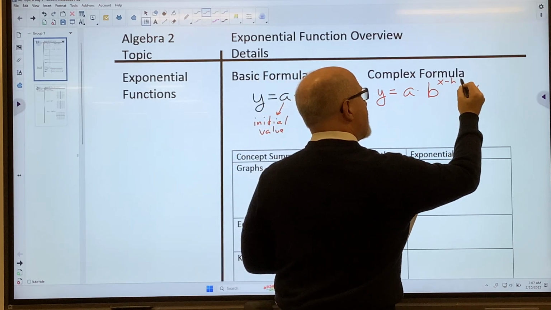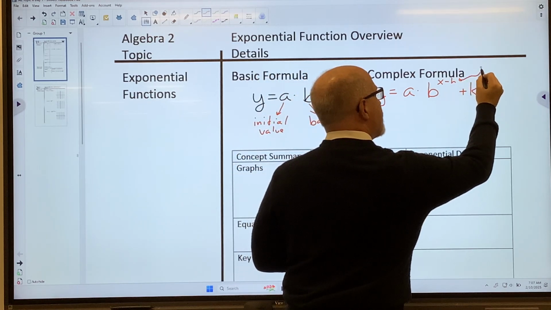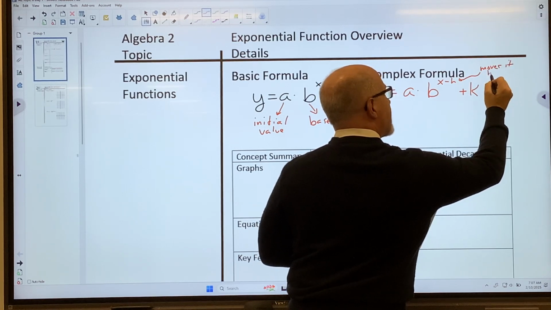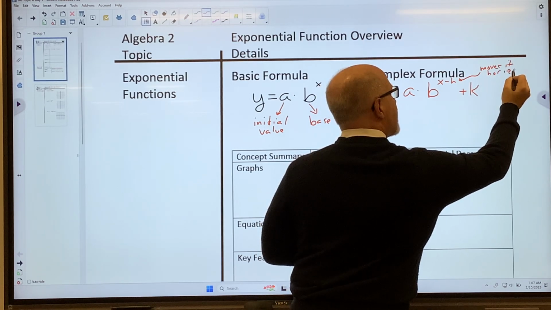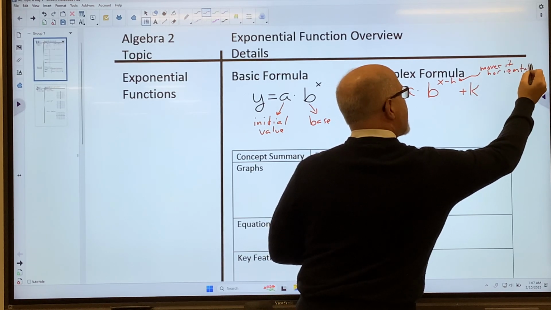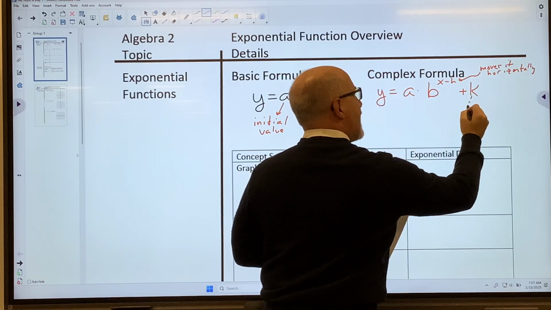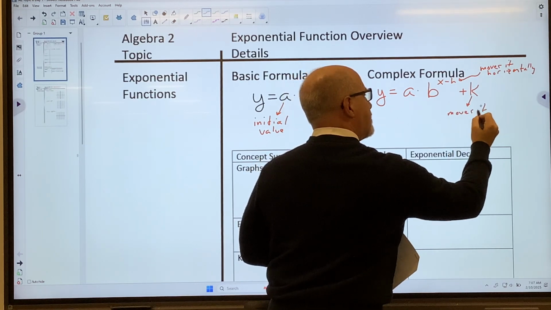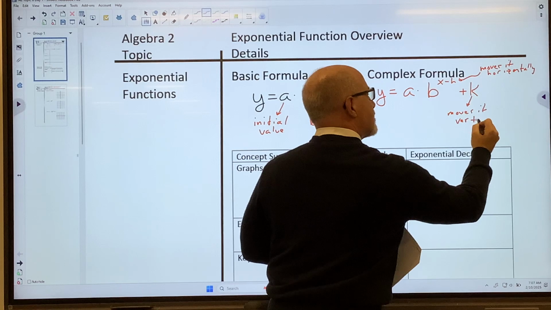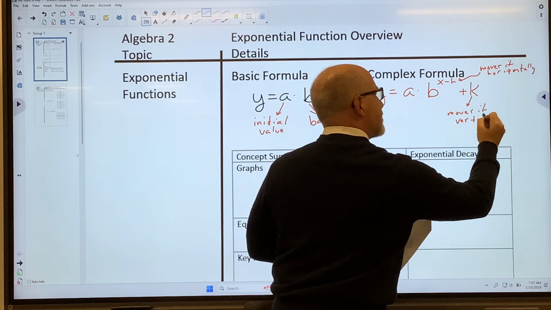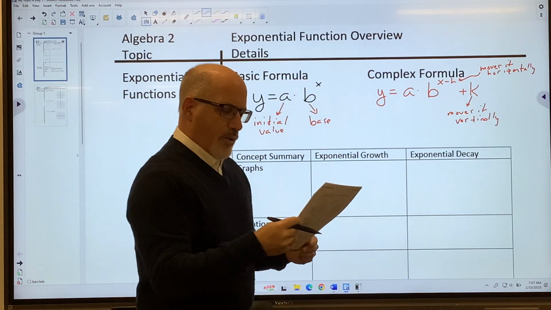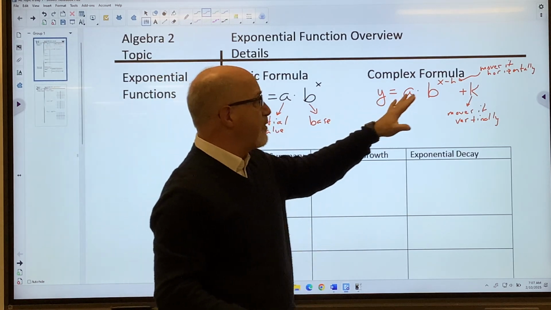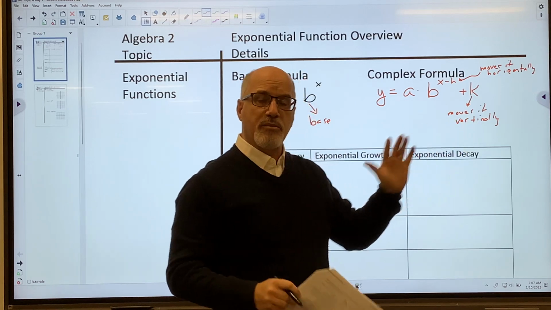This minus h moves it horizontally, so side to side, and this k moves it vertically. So if we start adding or subtracting numbers, that's going to move it around.